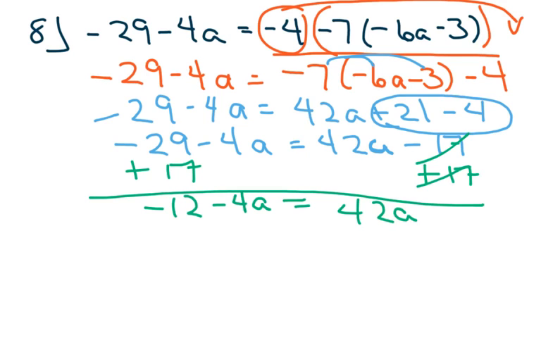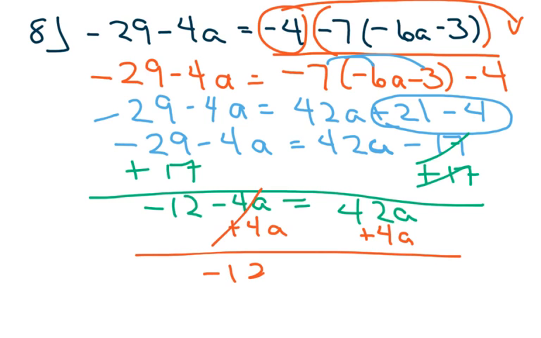Okay, so we're going to add now the 4a on this side. So you get negative 12, because this zeroes out, zero property, equals 46a.